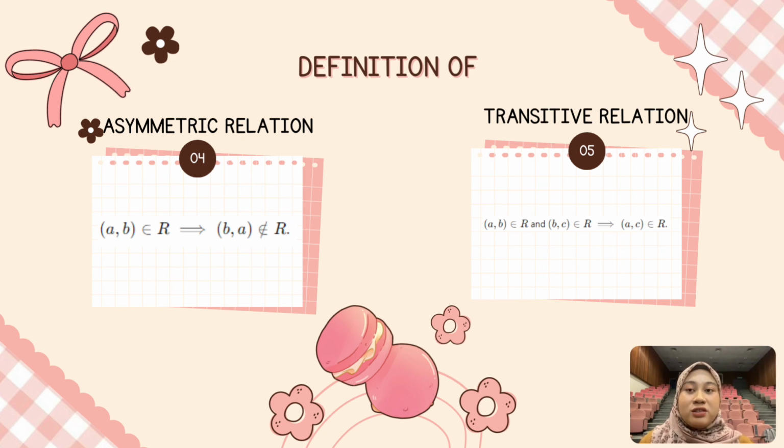Here, while (1,2) exists, the reverse (2,1) does not, ensuring the asymmetry. The last one is transitive relation. In transitive relations, if an element is connected through another, they are directly related. For example, since (1,2) and (2,3) exist, (1,3) must also be present.